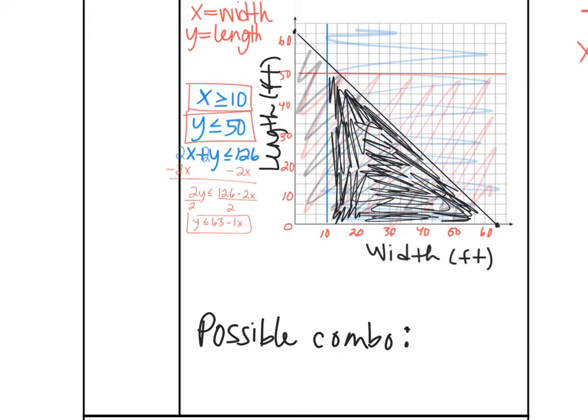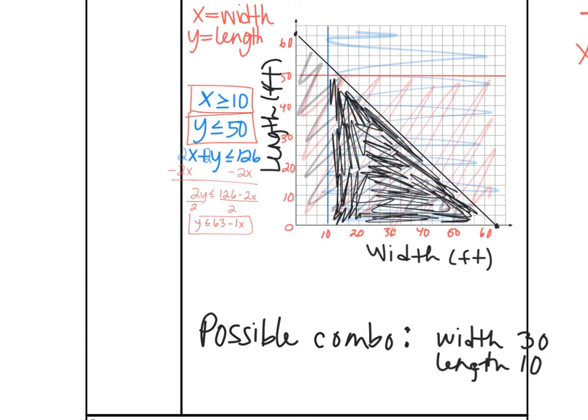Kirsten, what's one of them? Okay, so width of 30 and a length of 10. That's one possible combination. Anybody got something different? There's lots of options. Anything in that shaded region. Lillian, can you give me one?